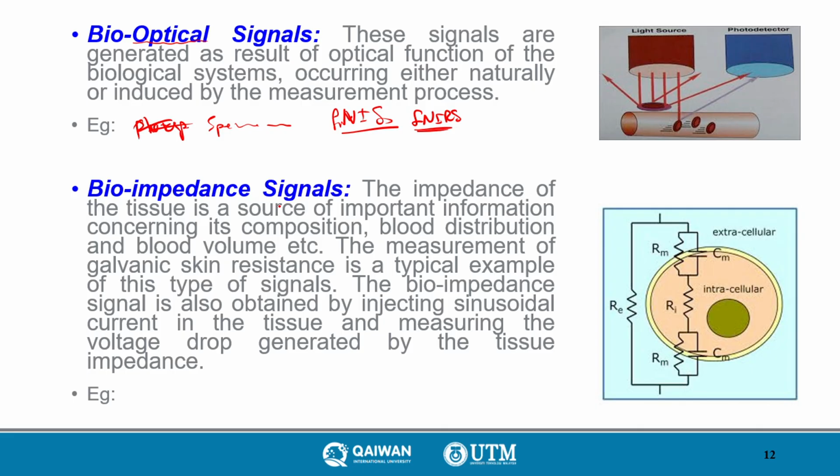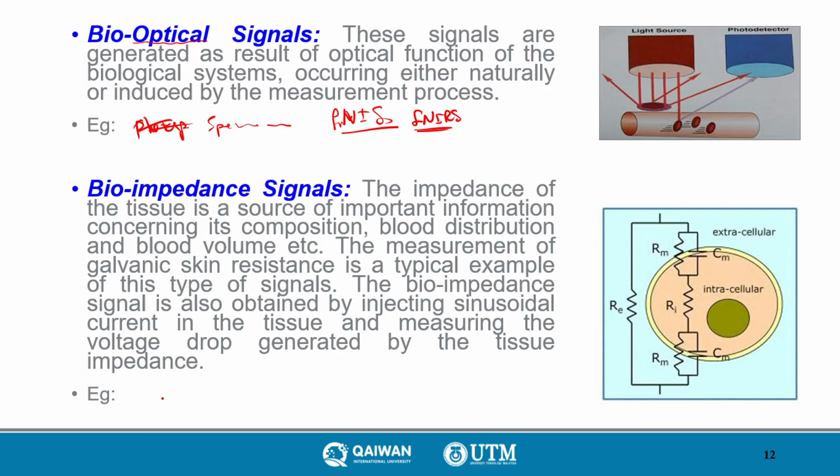For the bioimpedance signals, the impedance of the tissue is a source of important information concerning its composition, blood distribution, and the blood volume, etc. In bioimpedance signals, the galvanic skin resistance is measured, and it is a signal that provides us with valuable information about the condition of the person.